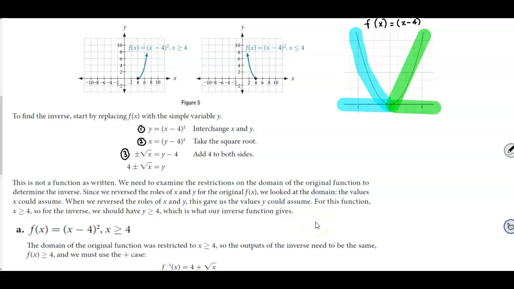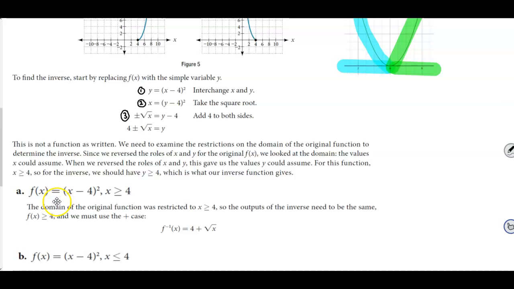Since we reversed the roles of x and y for the original function, we looked at the domain, the values x could assume. When we reversed the roles of x and y, this gave us the values y could assume. So for this function, x has to be greater than or equal to 4. So for the inverse, we should have y greater than or equal to 4, which is what our inverse function gives.